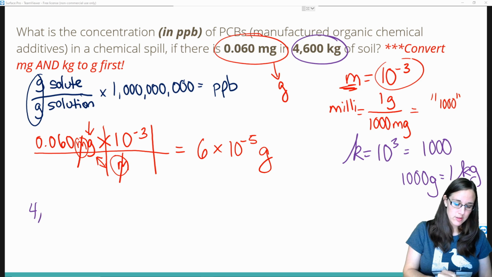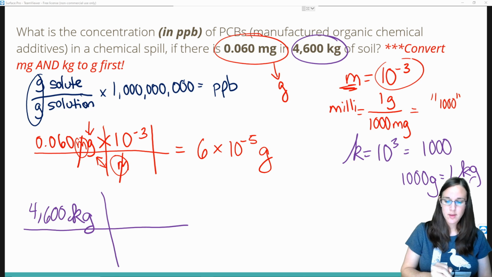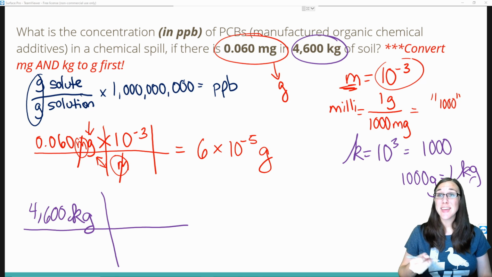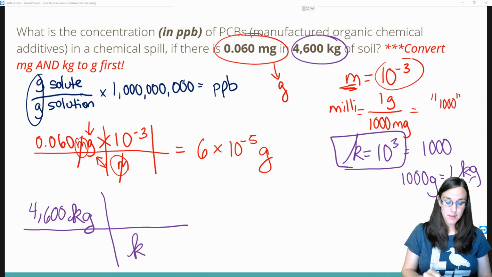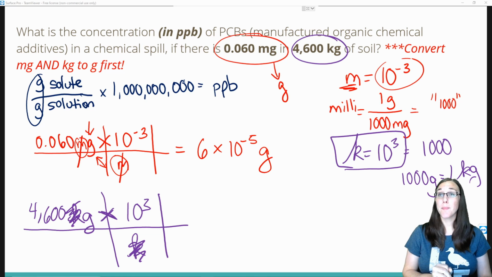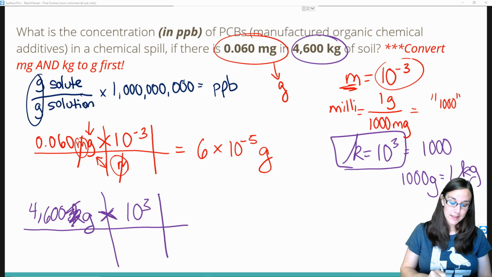We have 4,600 kilograms. And if I wanted to get rid of the k, remember that k is equivalent to 10 to the third power. So k goes in the bottom so that these can go away, and that's equivalent to 10 to the third power. So all I would do is 4,600 times 10 to the third power. Again, you could set this up instead as 1,000 grams being your goal.